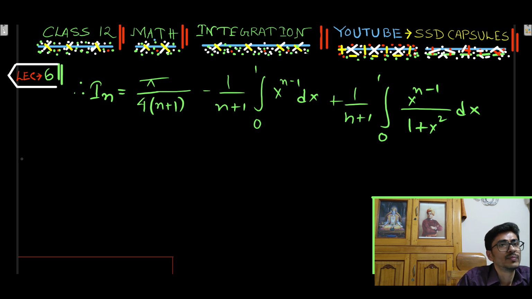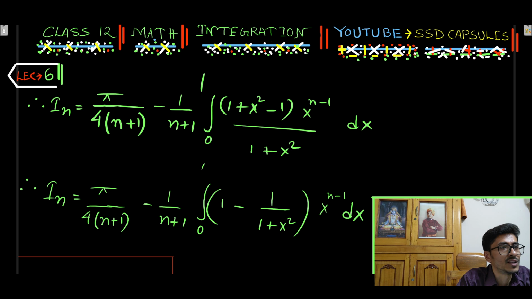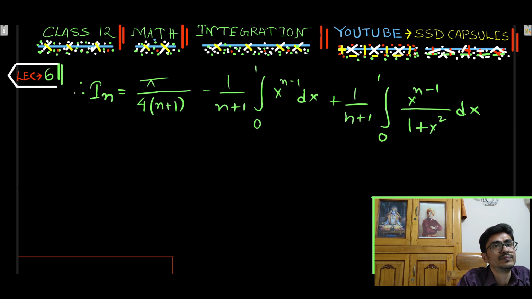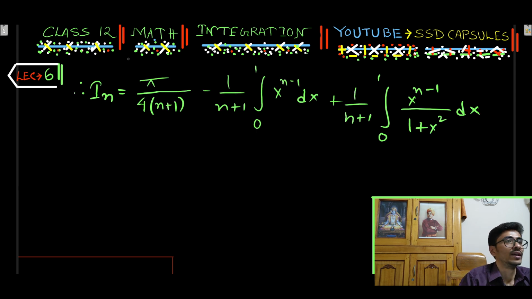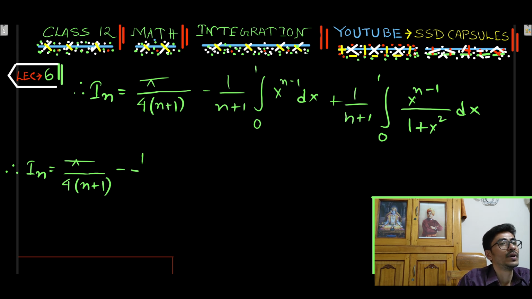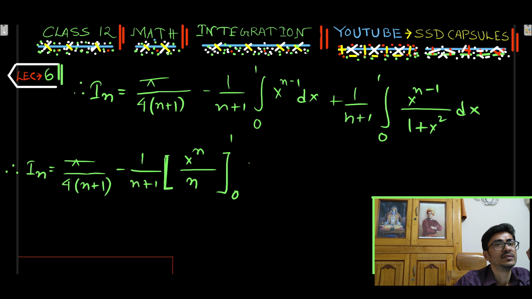Okay, so now therefore I_n equals pi by 4 into n plus 1 minus 1 by n plus 1. Here x to the power n minus 1 plus 1 means x to the power n by n, from 0 to 1, plus 1 by n plus 1 times the integral from 0 to 1 of x to the power n minus 1 by 1 plus x square.